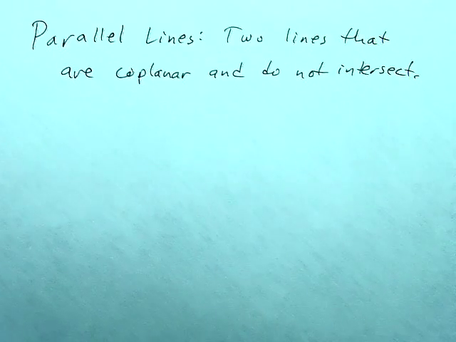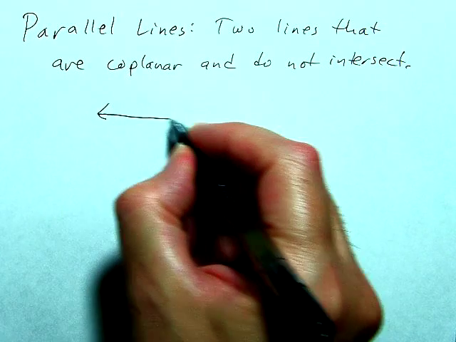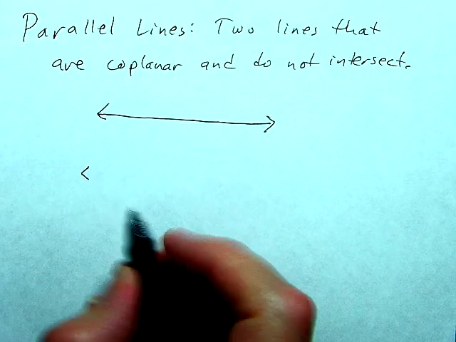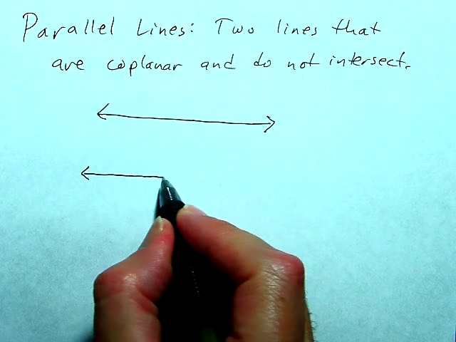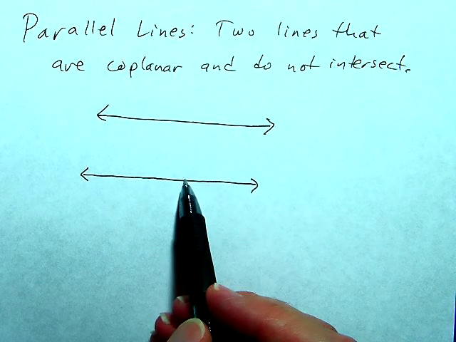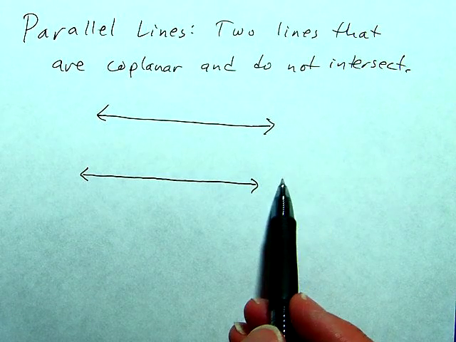So, for example, this is what parallel lines might look like in the plane of this paper. These lines are going exactly in the same direction, so they will never intersect.